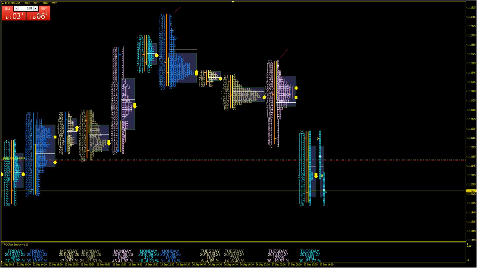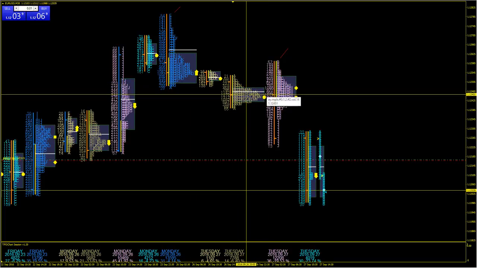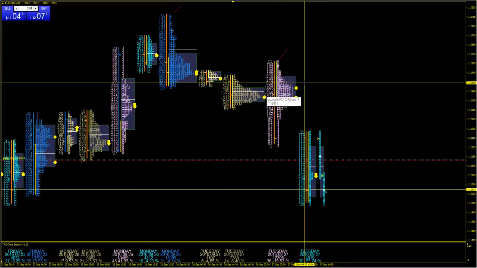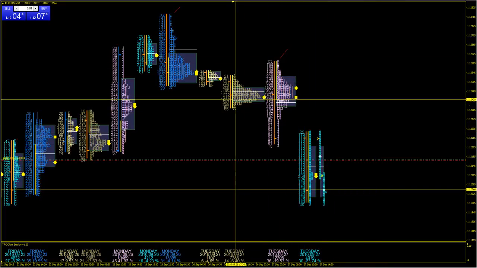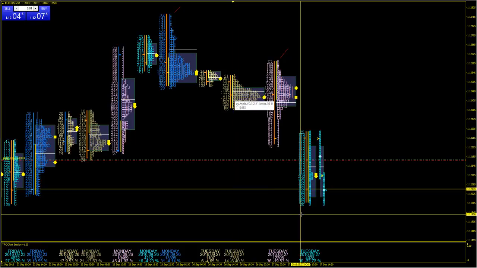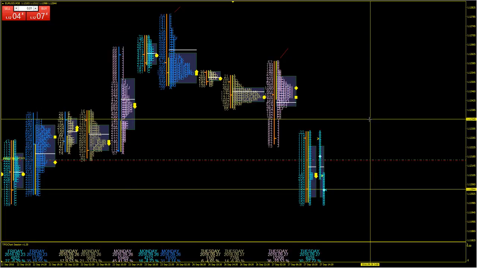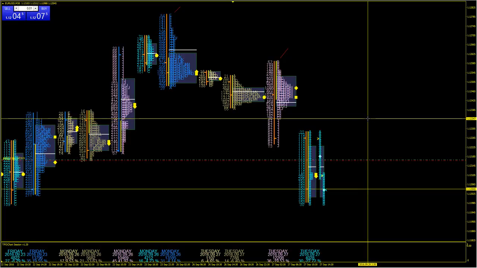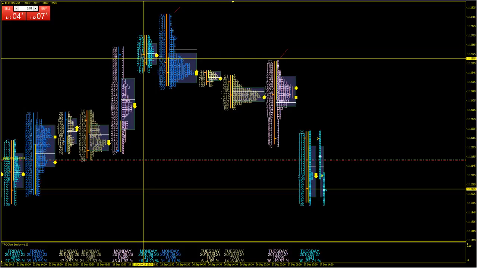When I wake up, I see what happened in the Asia session. I see the sentiment on the Asia session, and then I start to read the Europe session to see the initial balance, the first hour, what will happen, and then decide if I want to position, and where, if I see any opportunity. Of course, following if there is any big event which I should wait for, right?